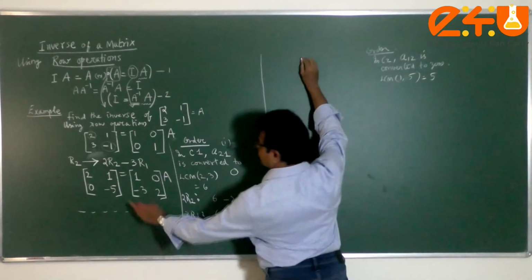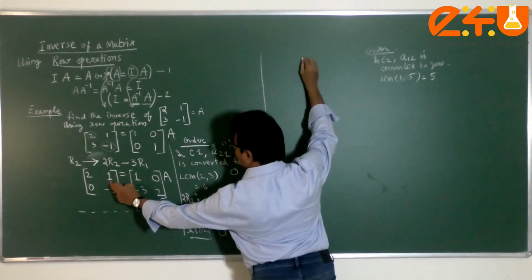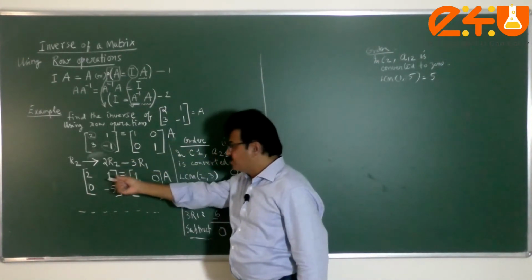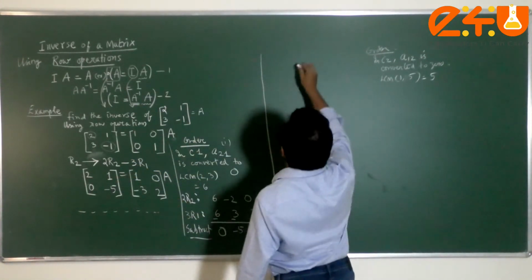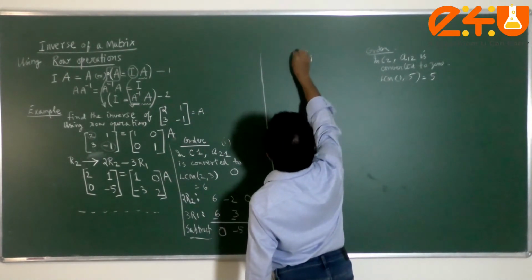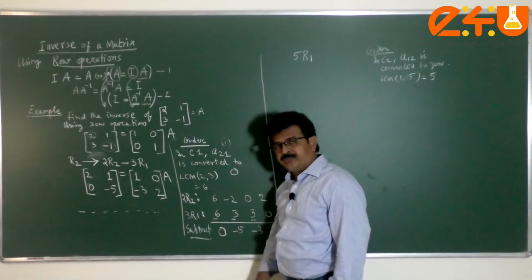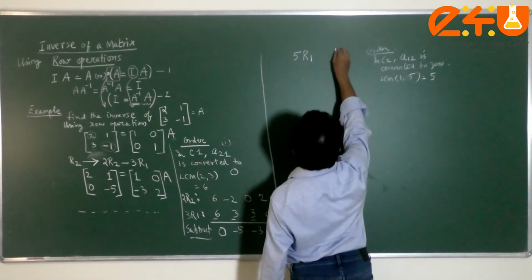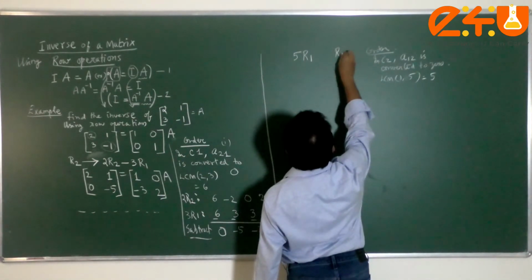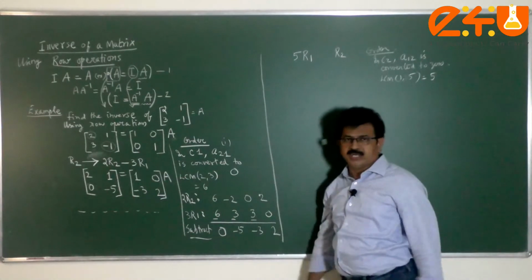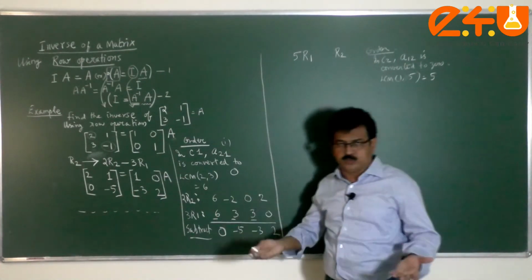So row 1, when I say 1, I cannot separate the 1 and multiply. That 1 is present in row 1, so I have to multiply row 1 with 5. Second row, it's already 5, so I need to multiply by 1. So it is 1 into R2, which I did not mention as 1 into R2, it is R2.